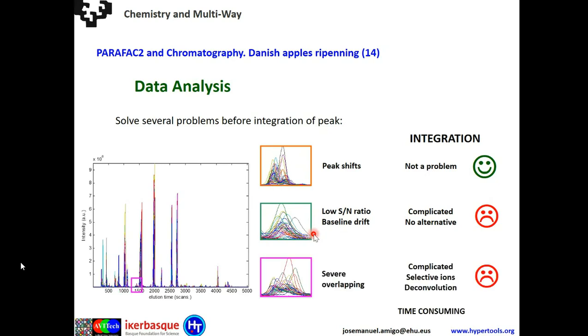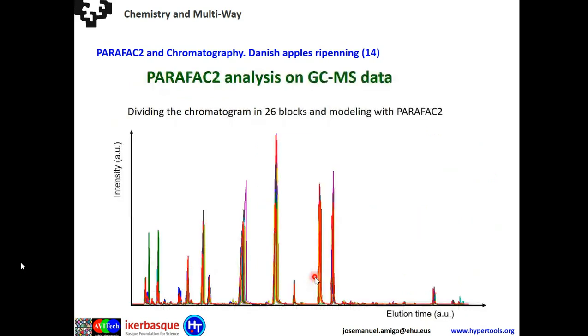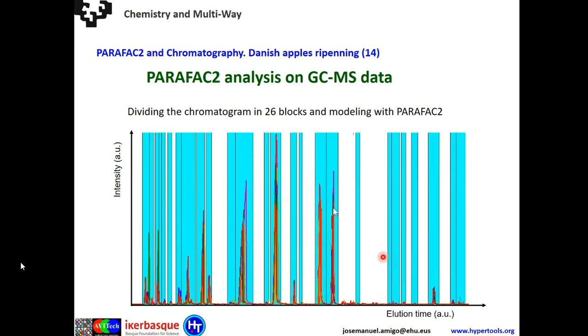And in some cases, we will even have severe overlapping of the data. So basically, what we decided to do is to cut this chromatogram into, I think, 26 different blocks and apply Parafac2 models on those 26 blocks.